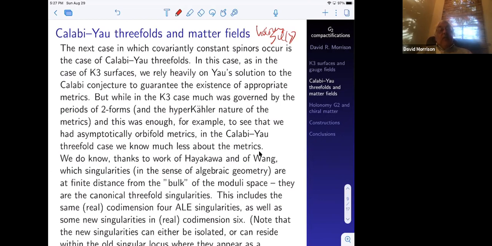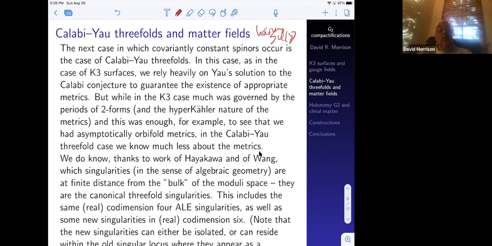In the Calabi-Yau threefold case, we know much less about the metrics in singular limits. So thanks to work of two people, Hayakawa and Wang, who did the work independently, we know the singularities in the sense of algebraic geometry which show up in such limits. They are the so-called canonical threefold singularities.